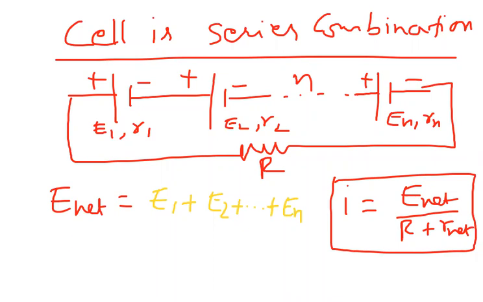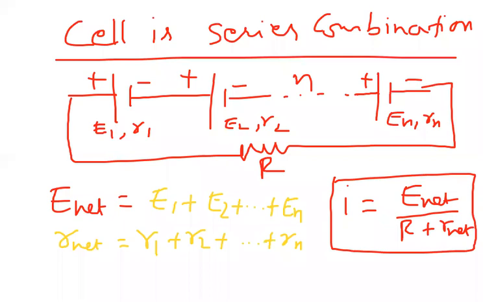Then what is R net? These internal resistances are also in series, because the cells are in series. So R net is R1 plus R2 plus, and so on up to Rn.